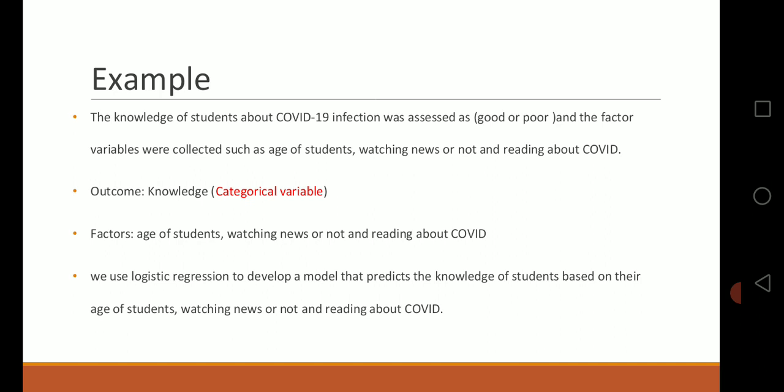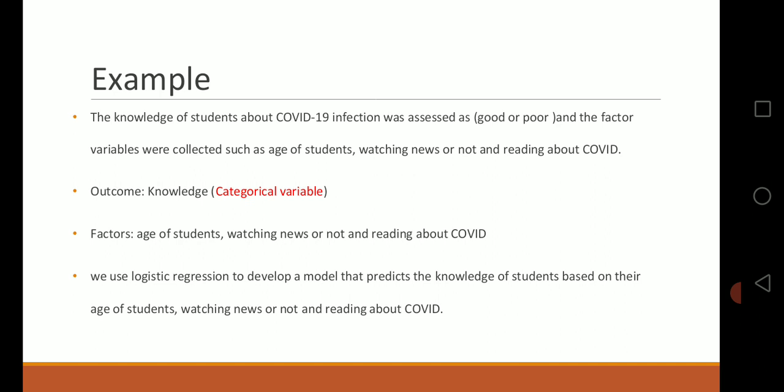If we have a study about the knowledge of students about COVID-19 infection, okay, was assessed as good or poor. So we assessed the knowledge of students, we collected the measurements as good or poor. Okay. And the factor variables were collected, such as age of students, watching news or not, reading about COVID-19. Okay. These are our factors.